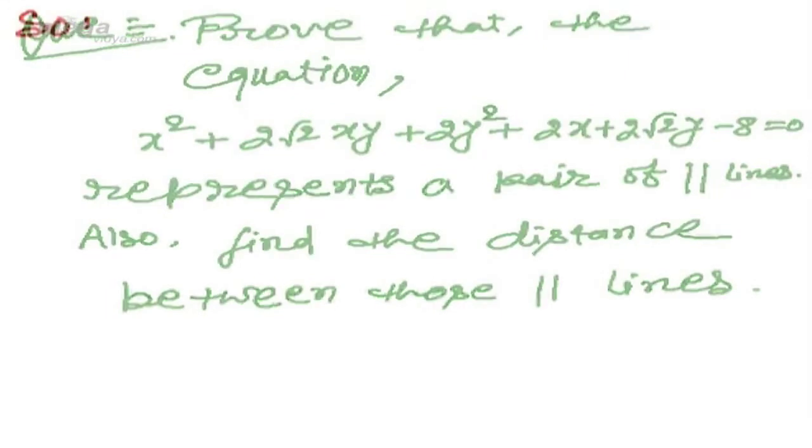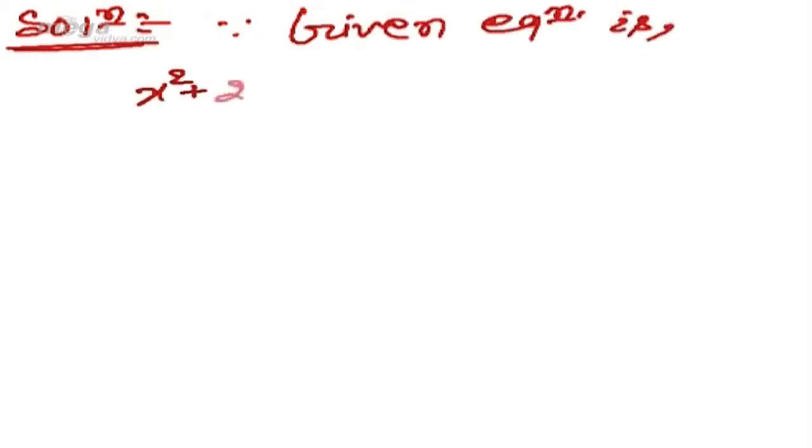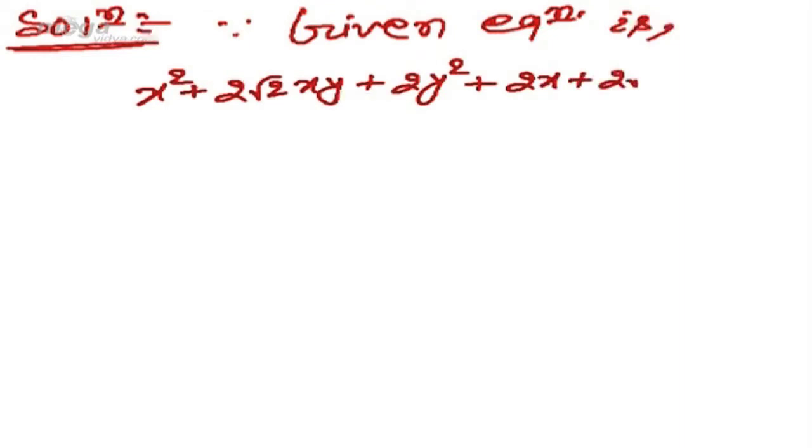So, the solution is: since the given equation is x square plus 2 root 2 xy plus 2y square plus 2x plus 2 root 2 y minus 8 equal to 0. The condition for parallel lines is h square minus ab equal to 0, and we'll see whether h square minus ab equal to 0 or not.